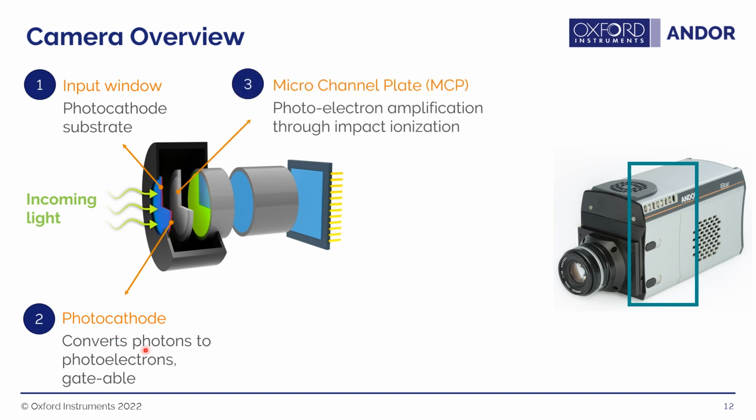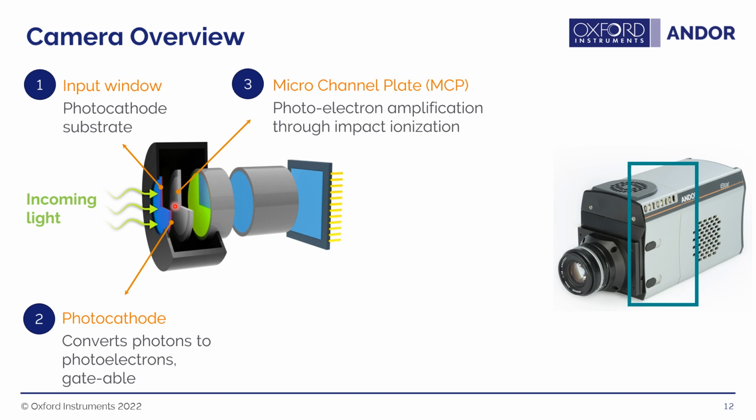However, this photocathode is what has high voltage pulses that allow for the very quick nanosecond timescale shuttering of the iStar sCMOS camera. So once those photoelectrons come from the photocathode to the microchannel plate, there is an amplification of that signal because there's a voltage that's applied across the microchannel plate.